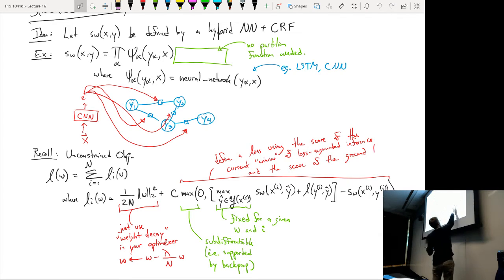Right, so this is the score of the ground truth, and this thing is the score of the winner of loss augmented inference.